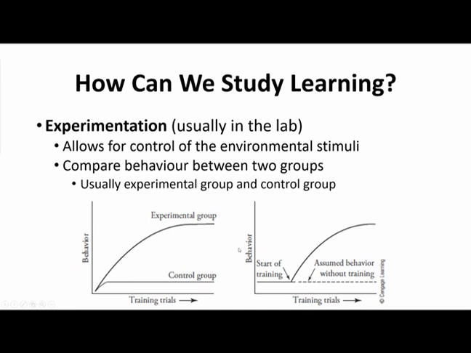Now, this isn't always possible. Sometimes you don't have the ability to have two distinct groups, or maybe sometimes you're restricted on what you can and can't expose individuals to. But you can also see situations where you would have a baseline beforehand, and then you would do your training and then see changed behavior and have the assumption that the behavior wouldn't have changed without the training, but these kinds of setups are a lot less statistically sound, I guess we could say.